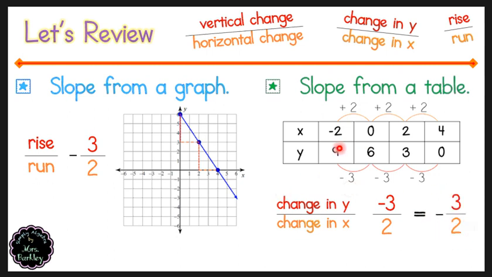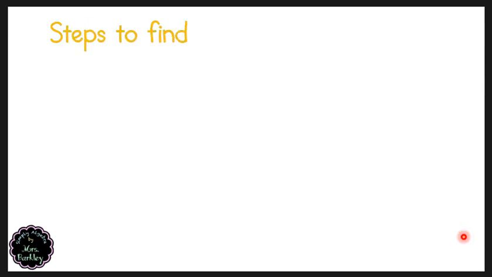So you can see that the point 0, 6 is this point on the graph, the point 2, 3 is that point on the graph, and the point 4, 0 is this point on the graph. So we can see that no matter if we were to graph it or have a table, our slope is the same. So now we are going to look at finding slope from 2 points.